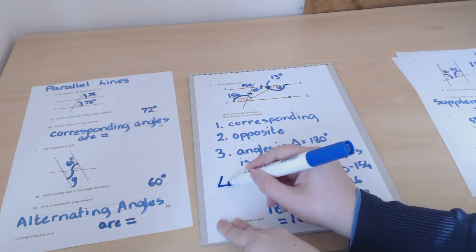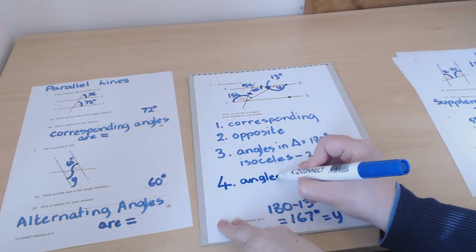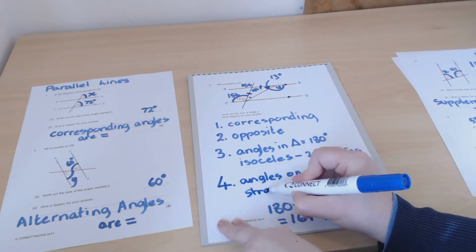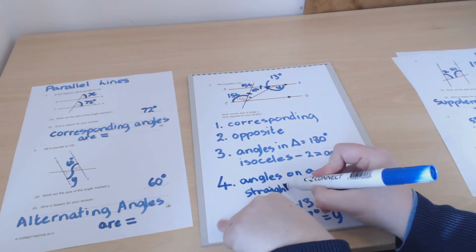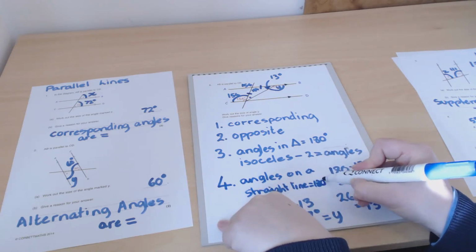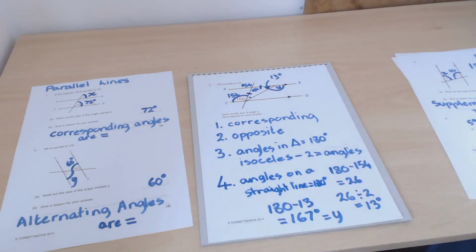So the fourth thing we've done and used is now angles on a straight line equal 180. So this had 4 marks. So there were 4 moves here, if you like, and 4 reasons to go with them.